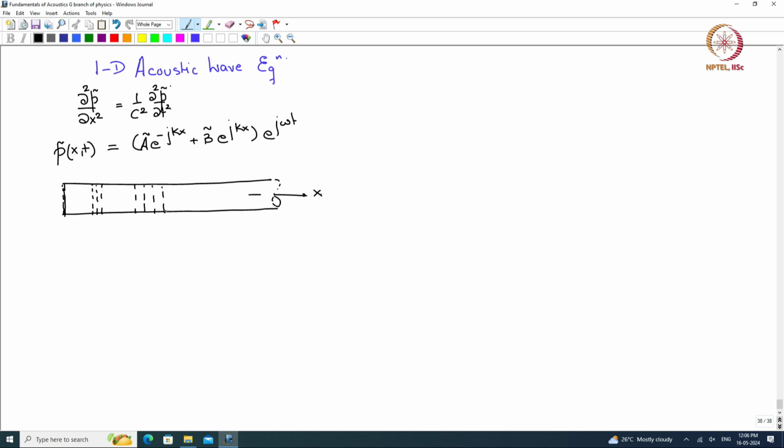But these are planes, in the sense that along this plane there are no variations of any parameter. Only variations happen in the x direction. So these are called plane waves.